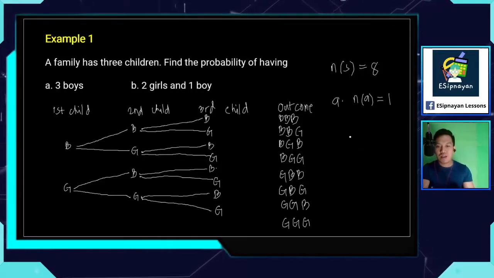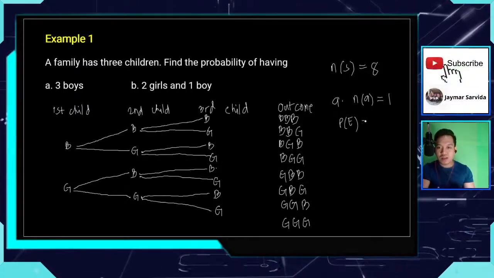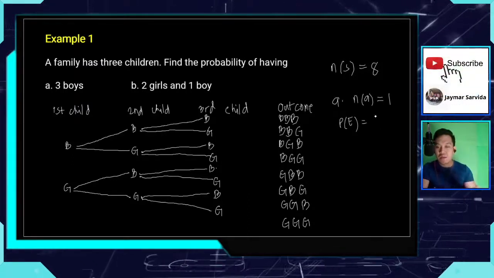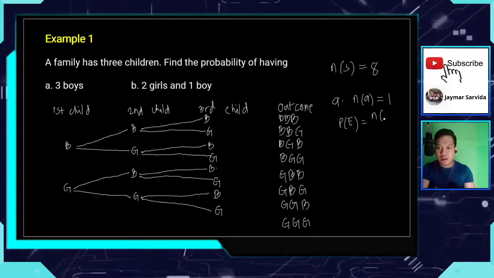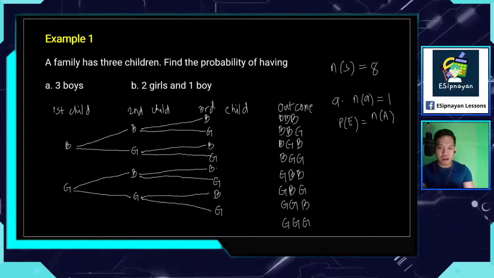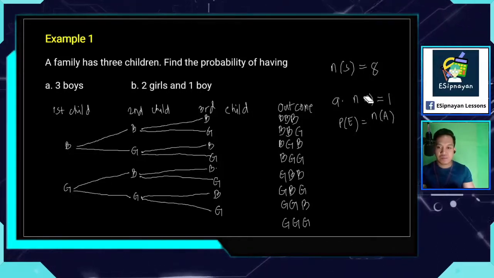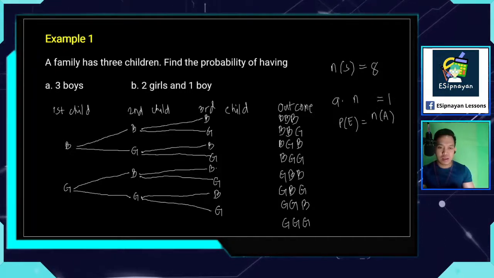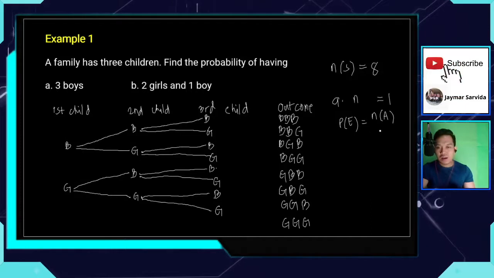Okay, so to find the probability of this, we have P of E equals N of A divided by N of S. Palitan ko yung ating A kanina, capital letter yan. N of A equals 1.